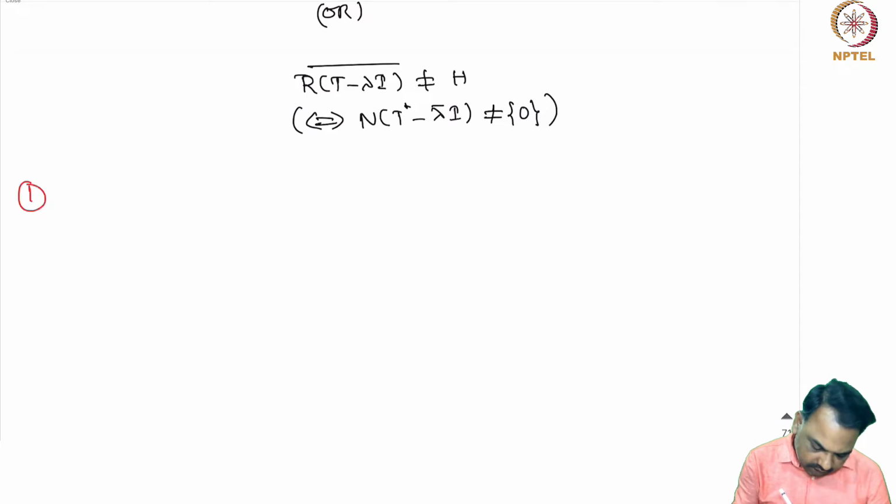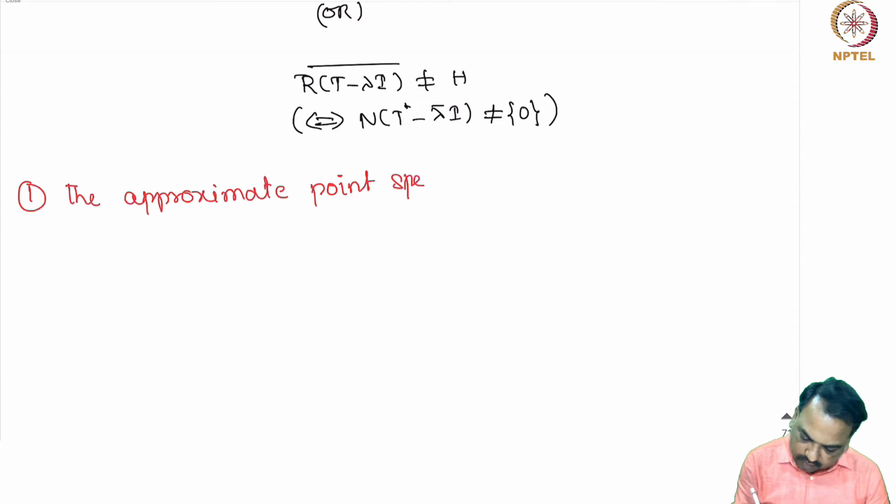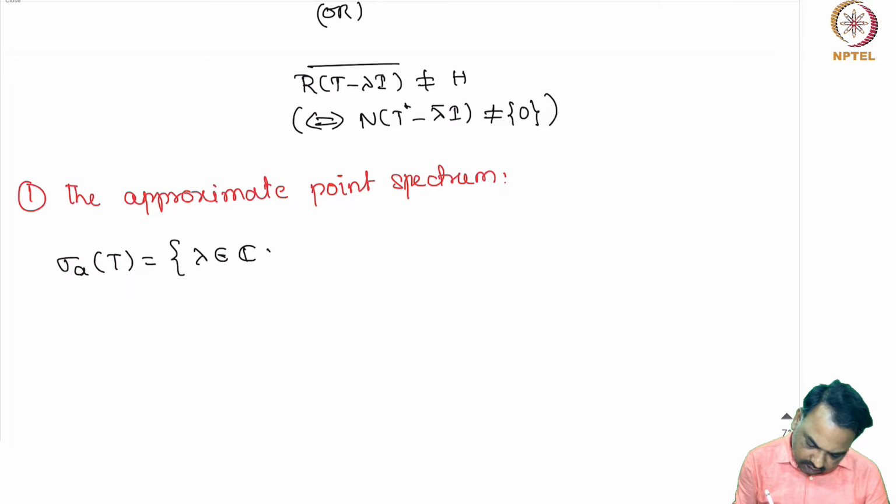The first one is the approximate point spectrum. It is denoted by sigma A of T, the set of all lambda in C such that T minus lambda I is not bounded below.